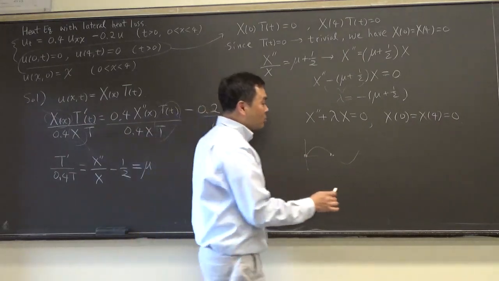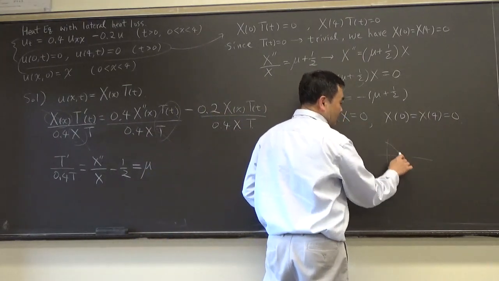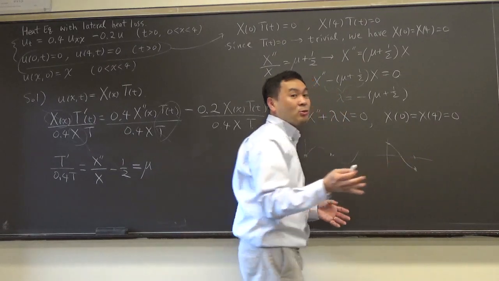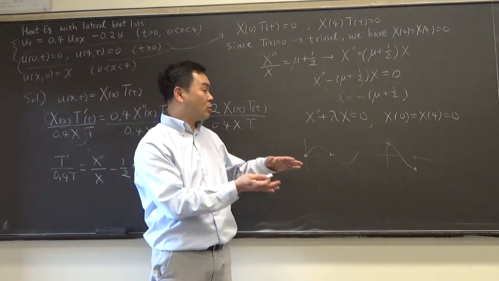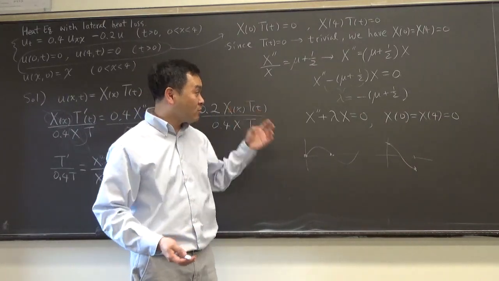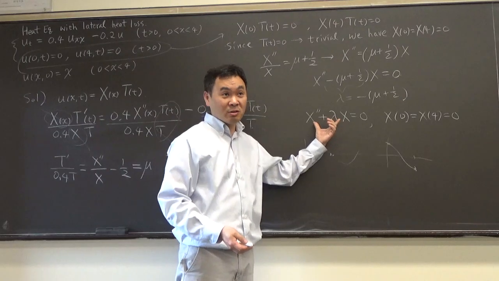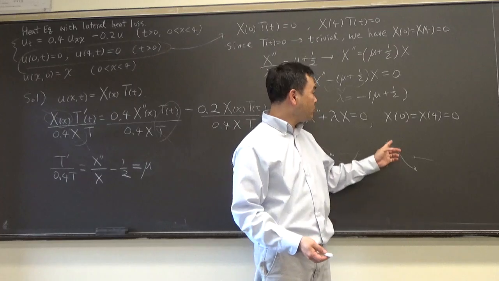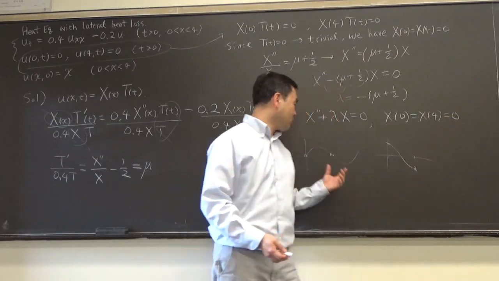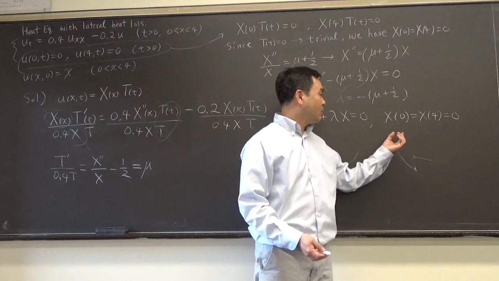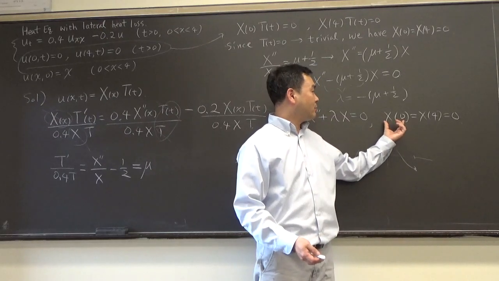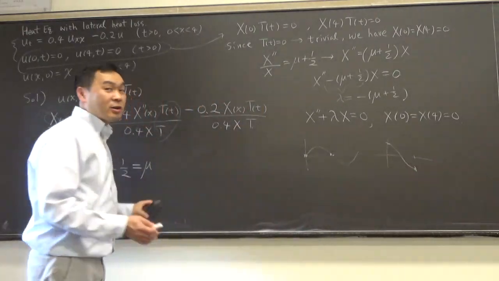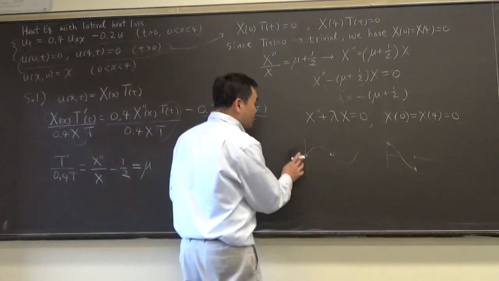On the other hand, cosine graphs go like this from 0 to pi. So the value itself is not 0 for the cosine, but their derivatives are 0. So if you have a simple Sturm-Liouville problem like this one, with the endpoint value equal to 0, you know it should be the sine functions. If the derivatives are equal to 0, then you should go for the cosine ones, right? Even without working it out, you should know.